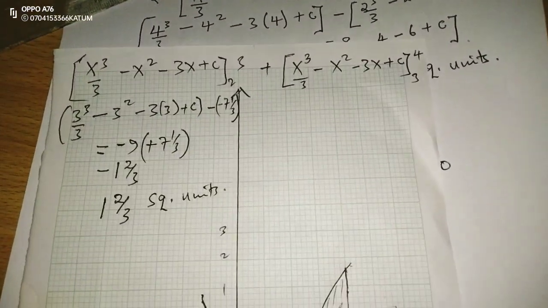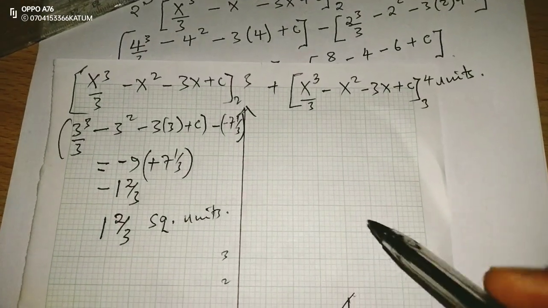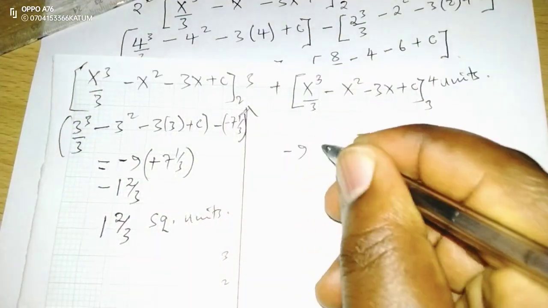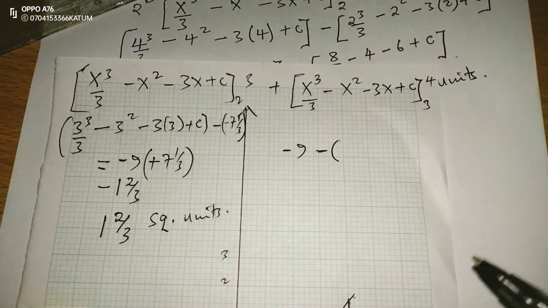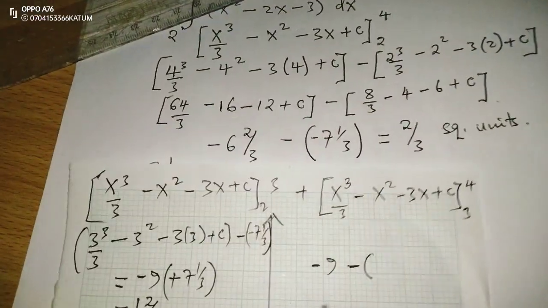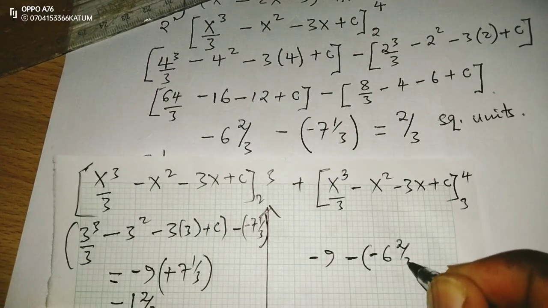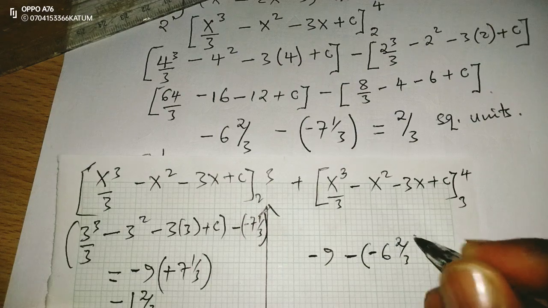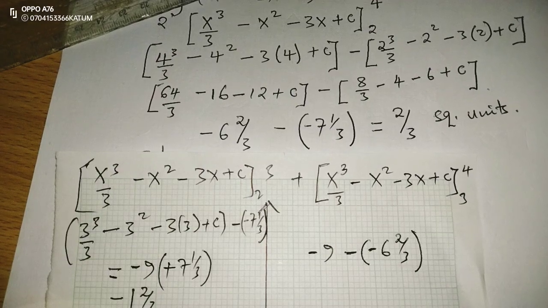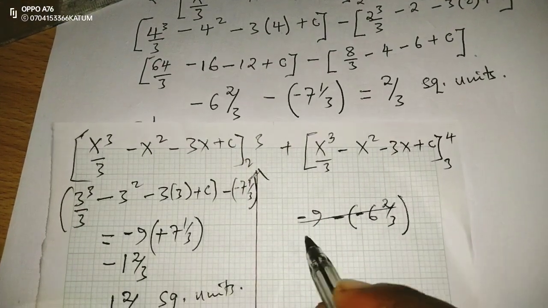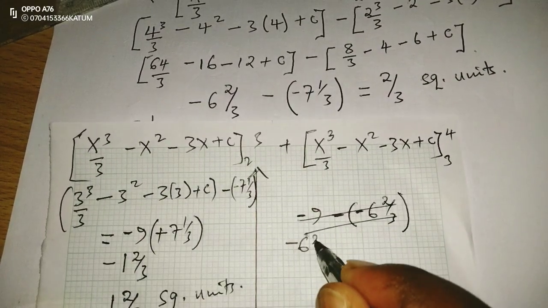What about now between 3 and 4 for the same curve? When we substituted 3, we got -9. Then we subtract, because we're integrating now between 3 and 4. When we substituted 4, we got -6 and 2/3. Sorry, we should start with the value after substituting 4, which is -6 and 2/3.